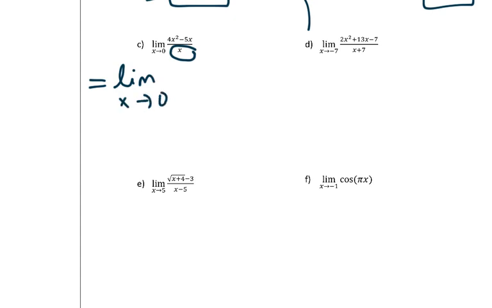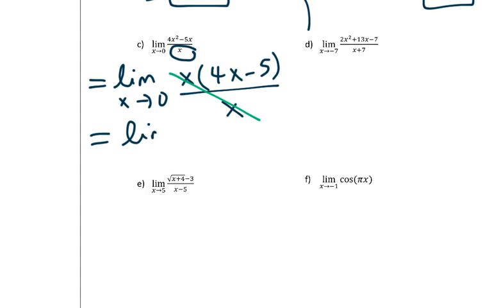And if I factor the numerator, I see there's a GCF of x. So if I pull out an x, I'm left with 4x minus 5 over x. And this is why factoring is nice, because it cancels out some of the factors. And so really this is kind of simplifying to the limit as x approaches 0 of just 4x minus 5.